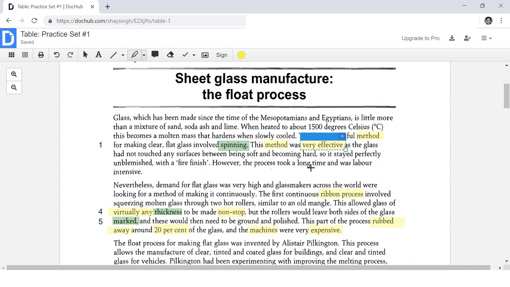However, the process took a long time. Now we're talking about the disadvantage. However, there was some sort of a problem. The problem was that the process took a long time and was labor intensive. So right here we have the advantage and down here we have the disadvantage.